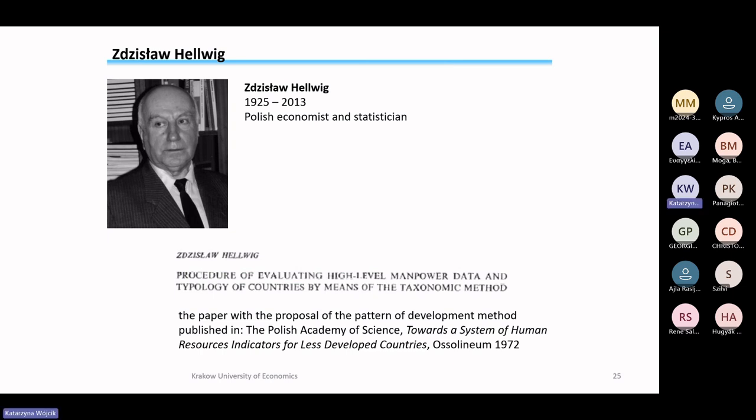And one of the creators of this approach using pattern of development method was Zdzisław Hellwig, who was a Polish economist and statistician, and he proposed this method in 1972.